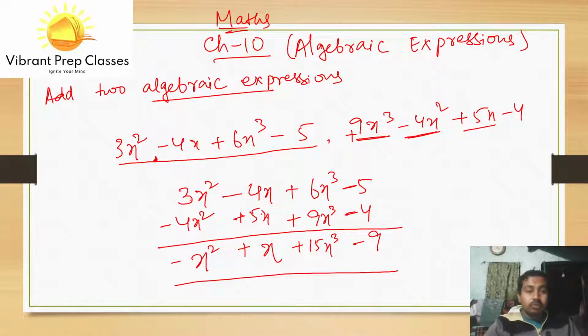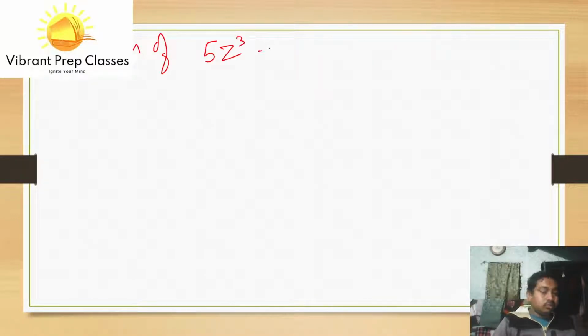Now moving to our next one, and you will try this one out. Find the sum of 5z³ + 2yz² + 9y²z - 6yz + 10y², and 8y² + 2zy² - 6z²y + 2zy - 3z³. You take time, no issues, but you try to do it.